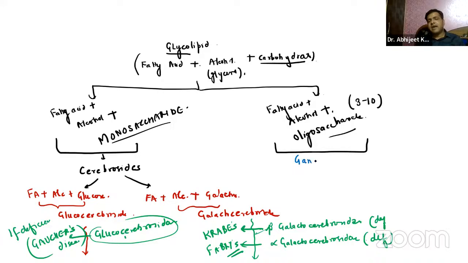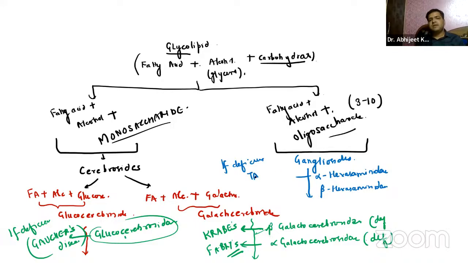Fatty acids plus alcohol plus oligosaccharides is called gangliosides. Again, we have two components over here, the alpha hexosaminidase and the beta hexosaminidase. Now, if the alpha component is deficient, it will result in Tay-Sachs disease.